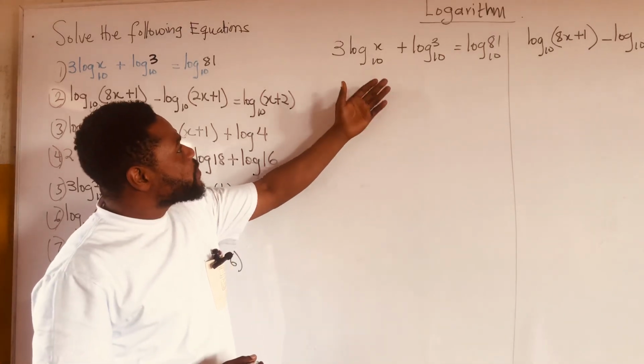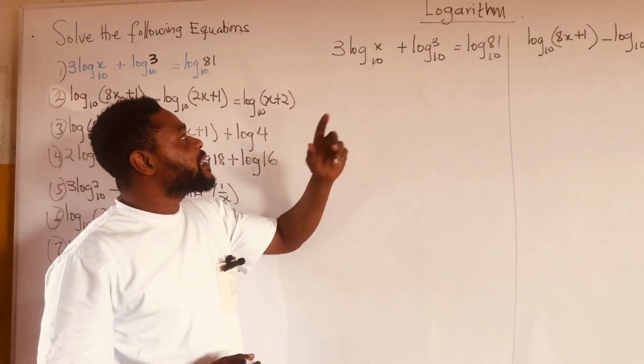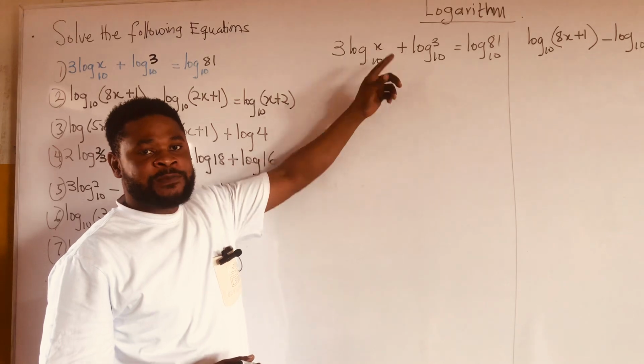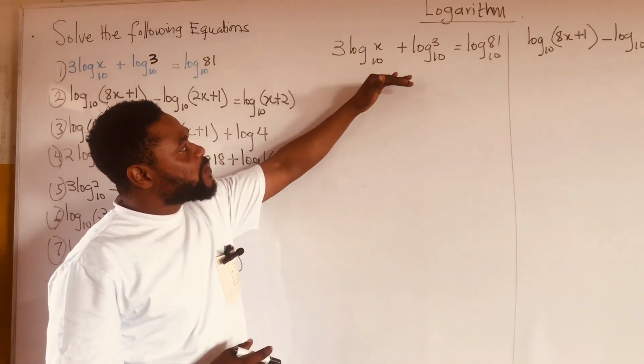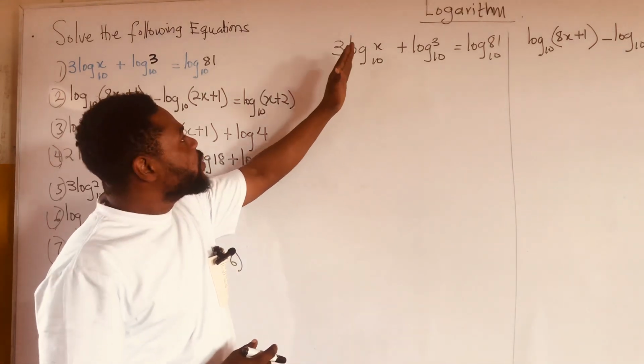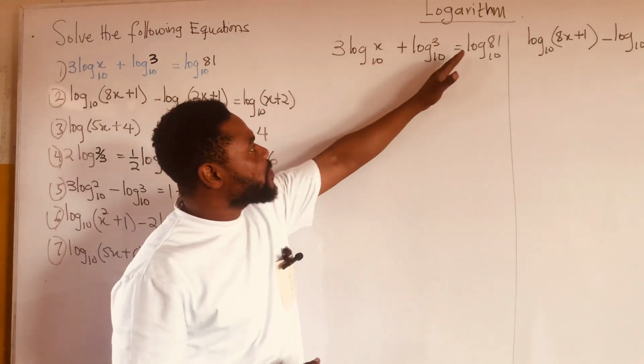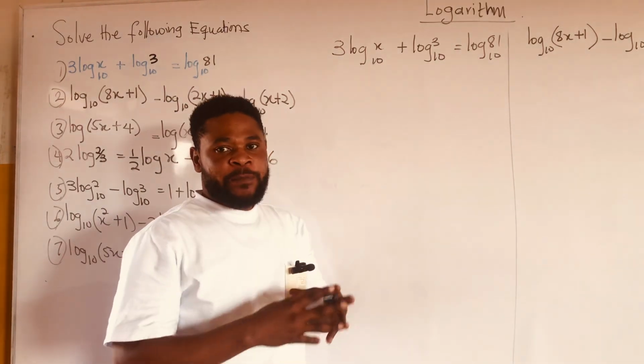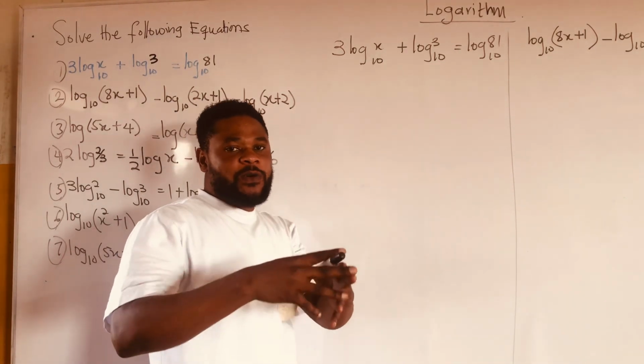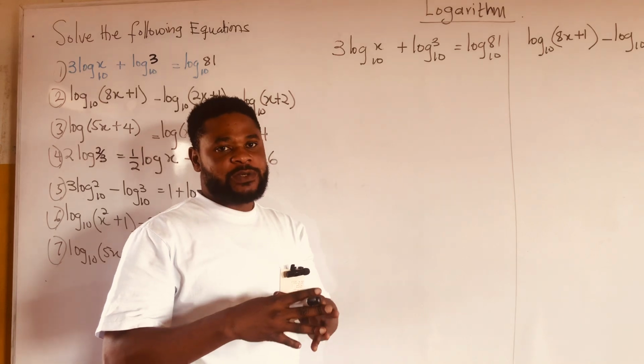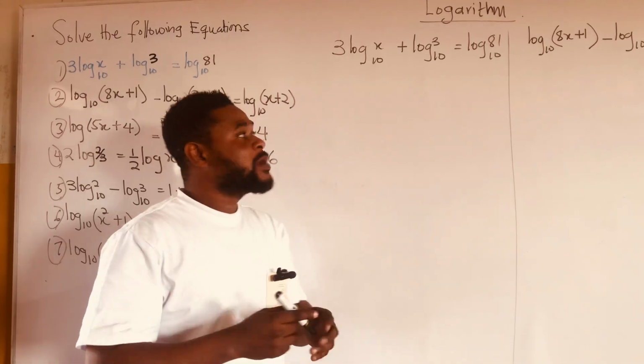We have been asked to solve this equation, which means that we are looking for x. The first approach to this question is that, first of all, you look behind the logs, whether there is a number there. If there is a number there, you move it as an exponent to the numbers in front of the log.